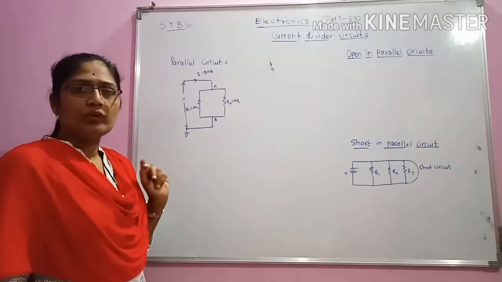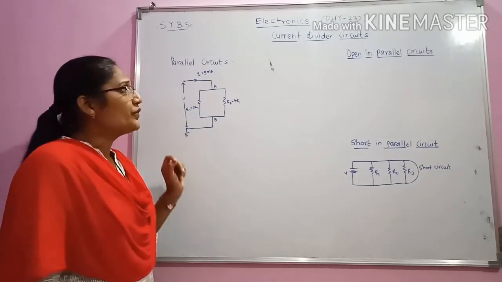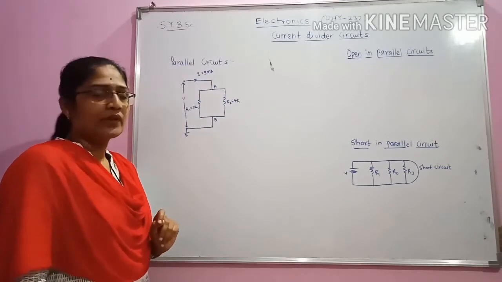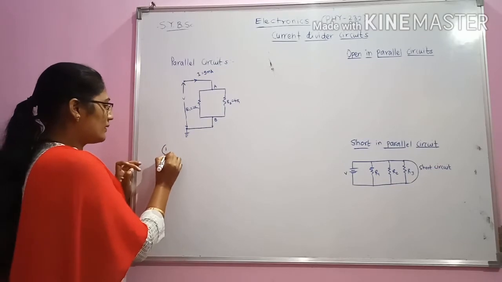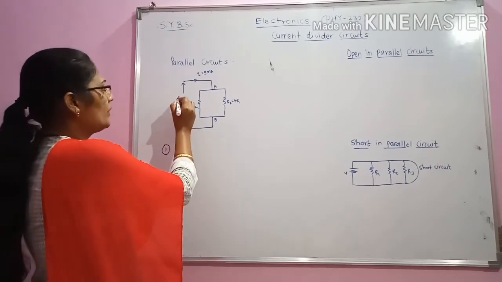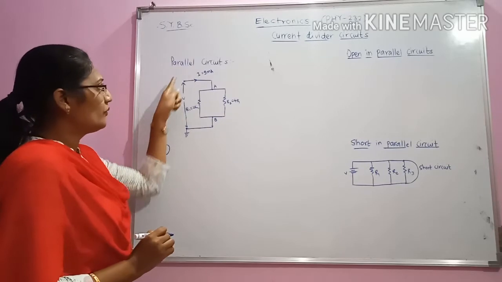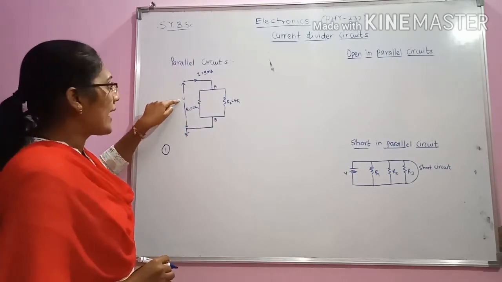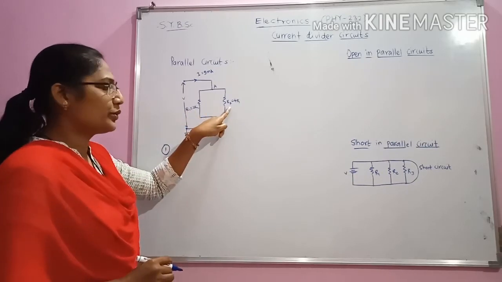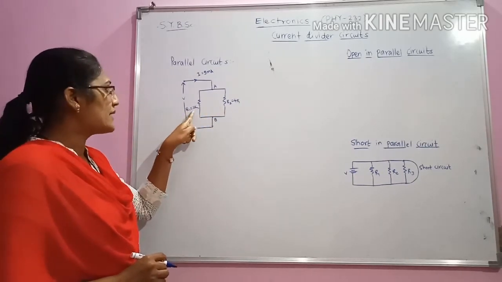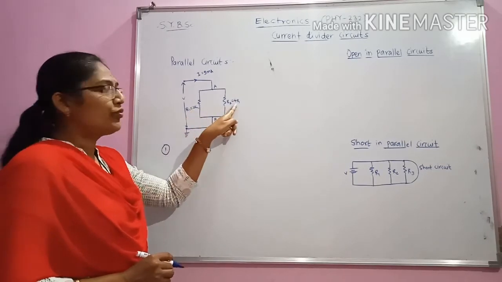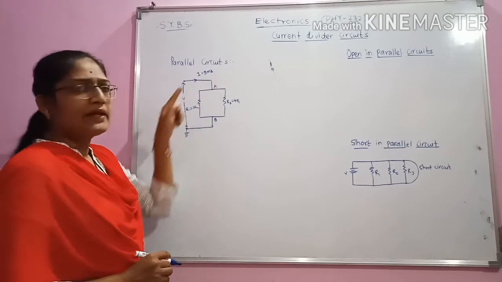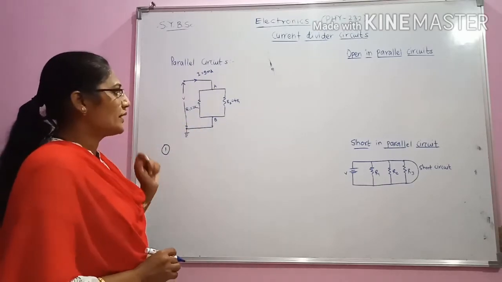Now we will see a few of the properties of parallel circuits which will give us an idea about the current divider circuit. First of all, when we consider a parallel circuit, here one parallel circuit is shown where voltage V is applied across the resistances R1 and R2. Their values are 2K and 4K respectively, and I equal to 9 milliampere current is flowing through this circuit.